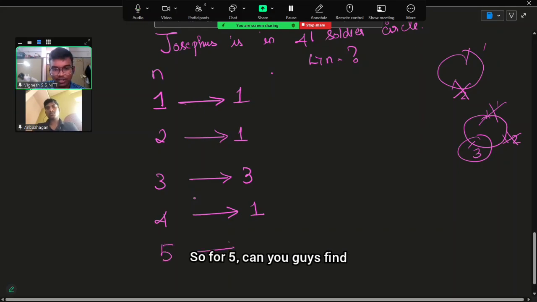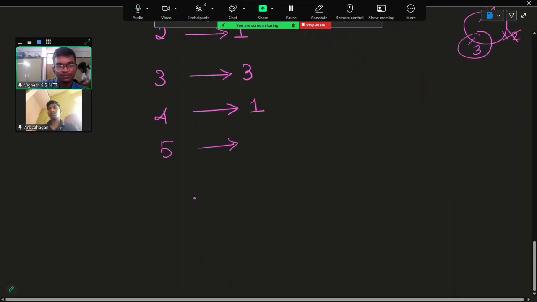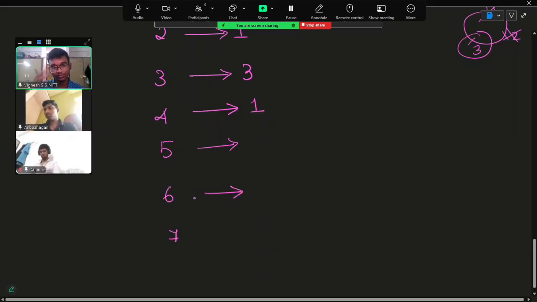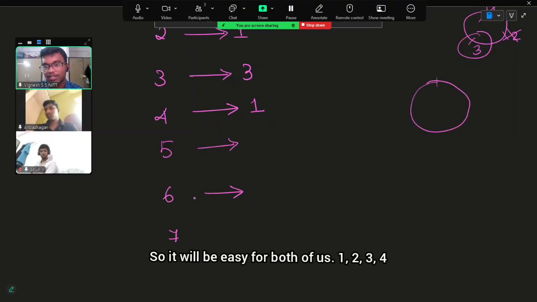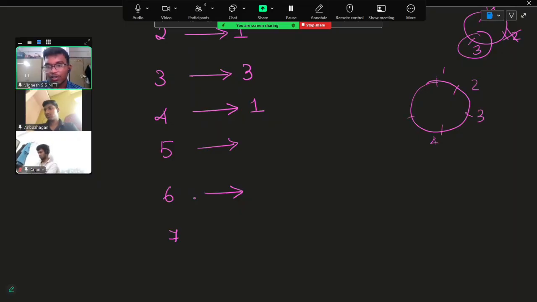So for five, can you guys find and say what is the solution? Okay, I will write for you. You think accordingly, so it will be easy for both of us. One, two, three, four, 5. In the first round, 1 will kill the 2, 3 will kill the 4, 5 will kill the 1.